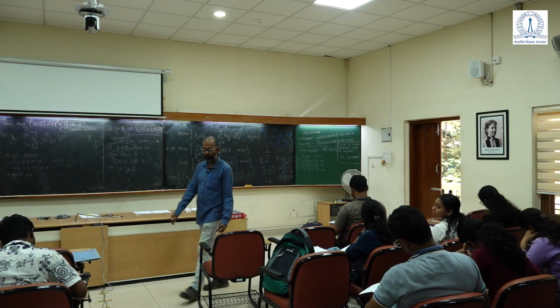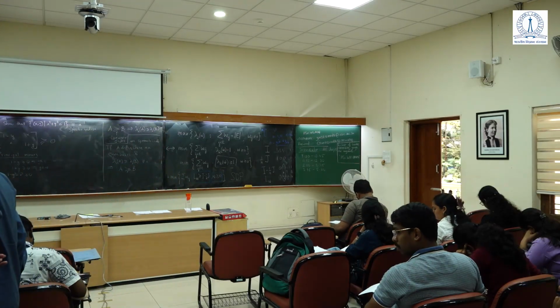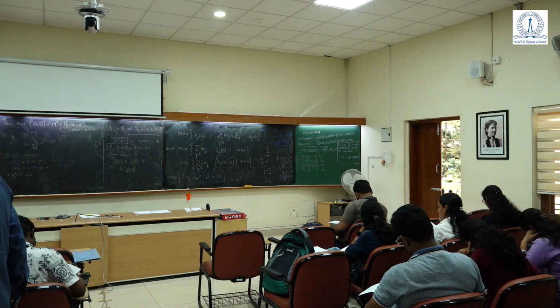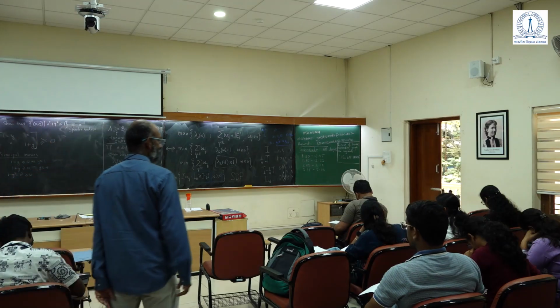Diagonal will work? No, but you have to order the eigenvalues, right? Oh, sorry. I mean, A and B both satisfy this condition. Okay, fair enough. Yeah, actually you can take them to be diagonal.